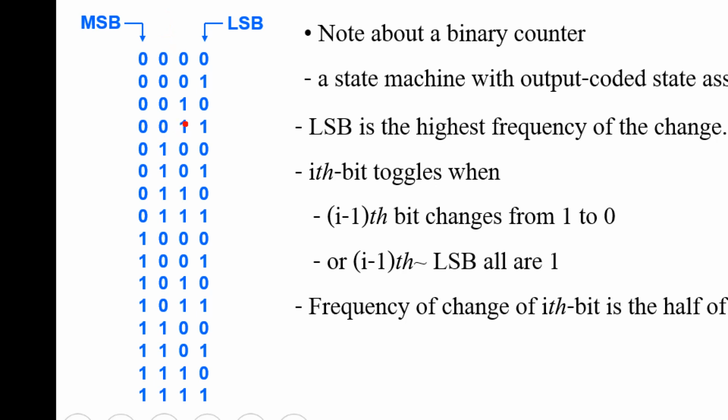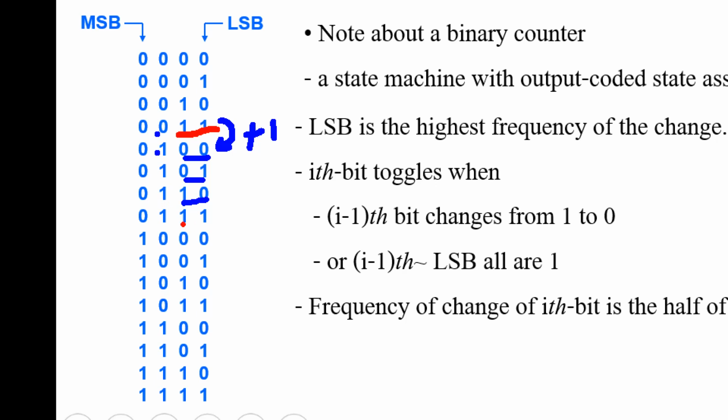For example, someone may note that if the previous digits are 1 1, that means when the clock ticks you will add 1, right? So a carry out occurs. Then it makes this digit change. If the previous digits are 0 1 or 1 0, there is no carry out to this digit.